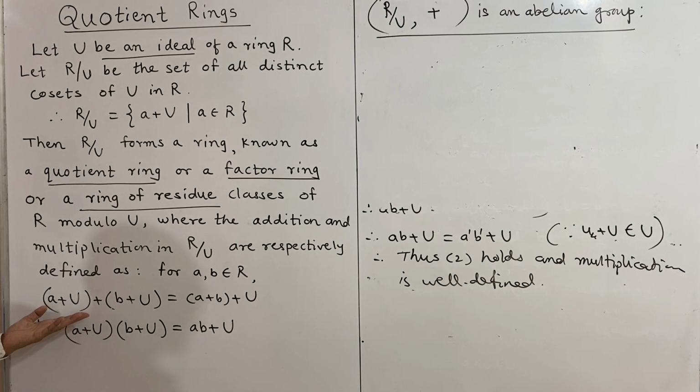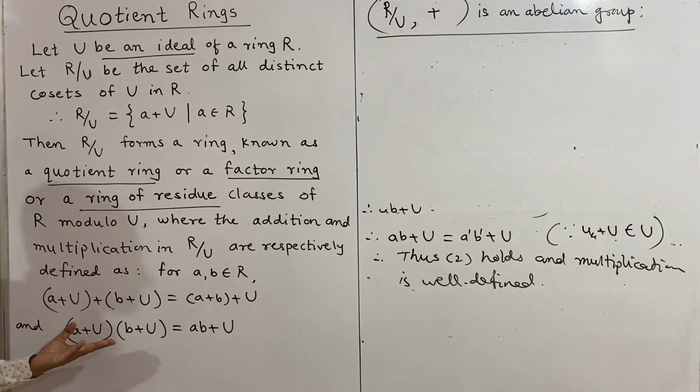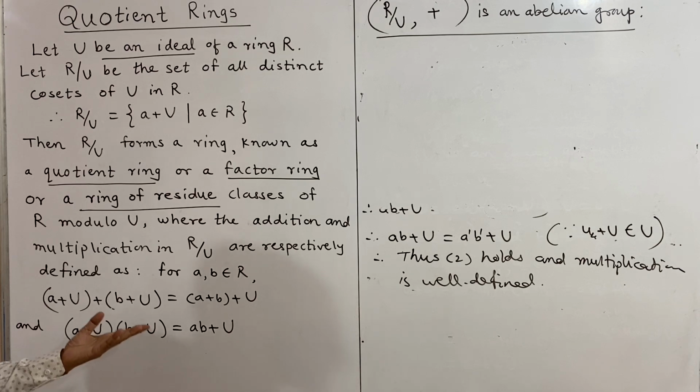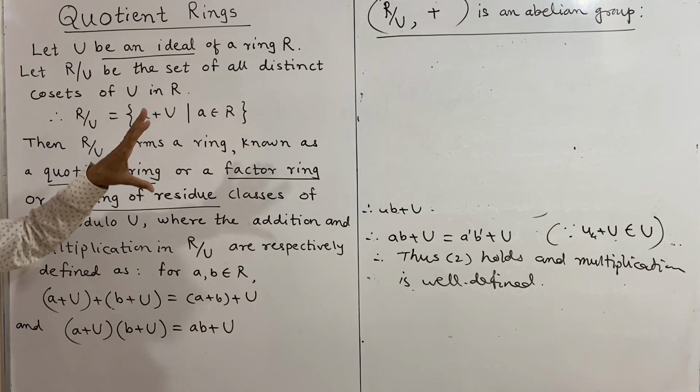and likewise it is associative. If you consider the third element, A plus U, B plus U, C plus U, then the addition of A, B and C is associative, and therefore the associative property can also be checked. You may please write these yourself, and I shall write only directly.